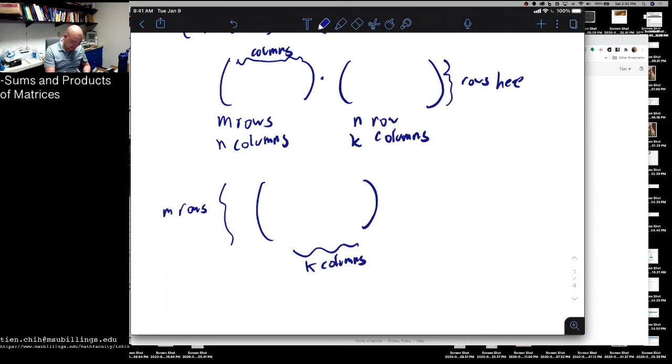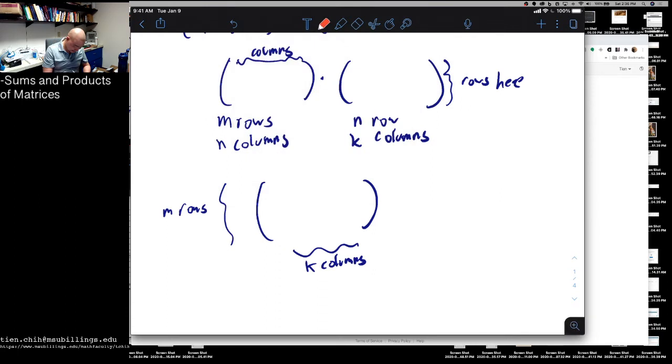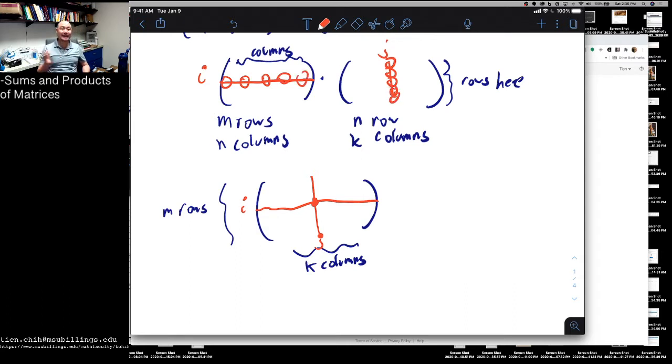where you get in the ith row and jth column, that entry is determined by taking the ith row here, taking the jth column here, and multiplying each of the entries here together and adding them up.